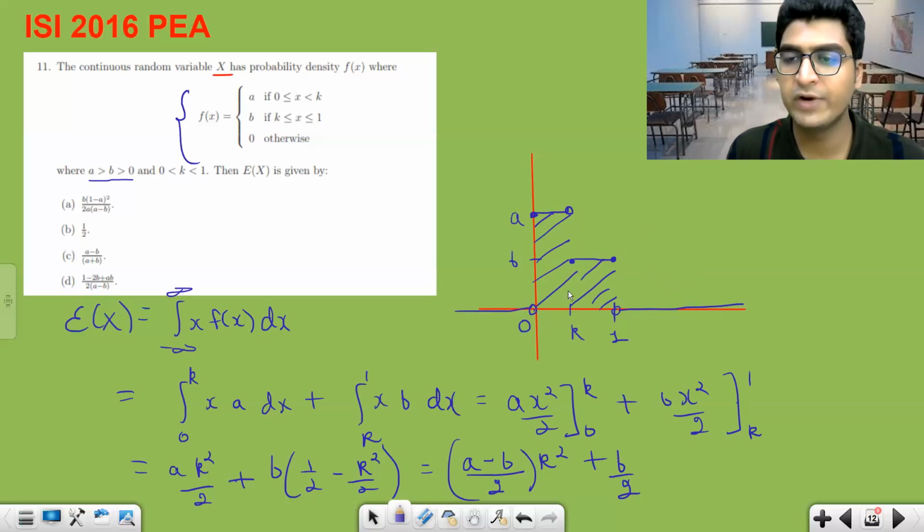So what is this area actually equal to? I'm saying that integration fx should be equal to 1 over its range. Okay, over its support.